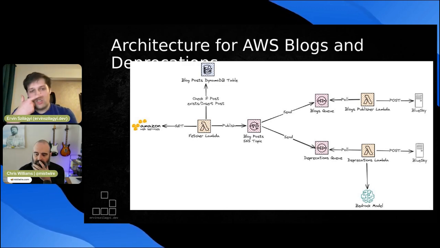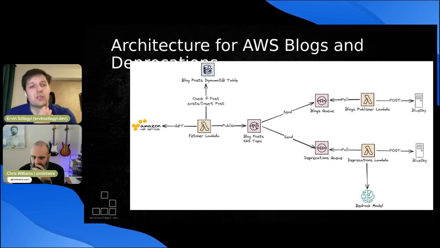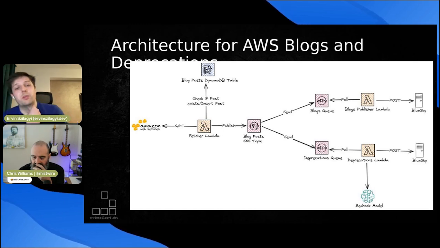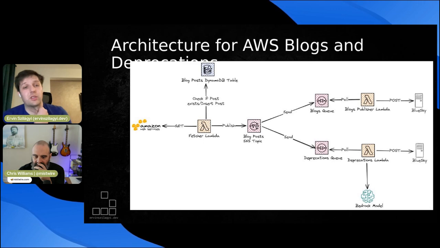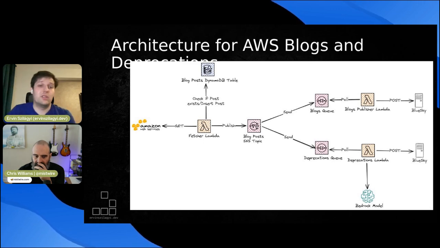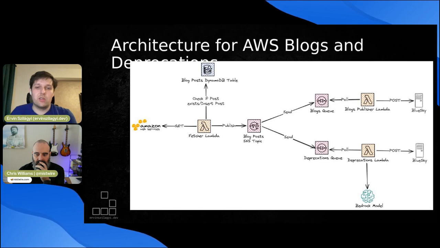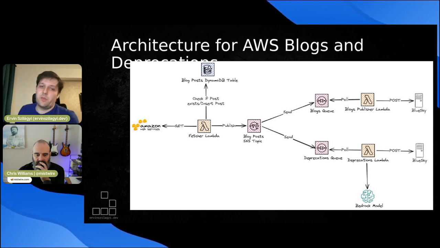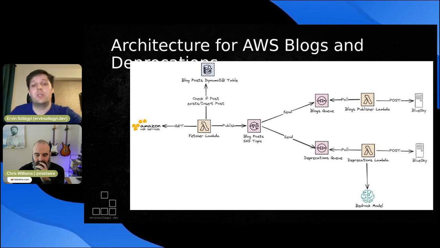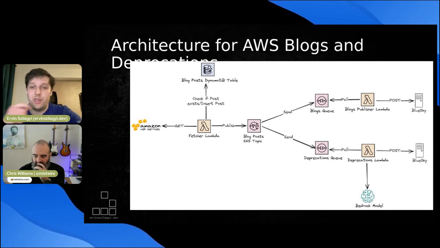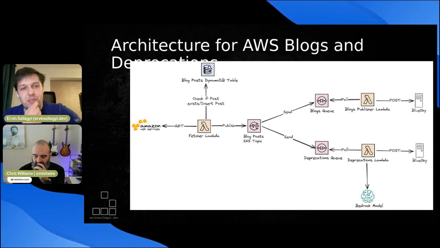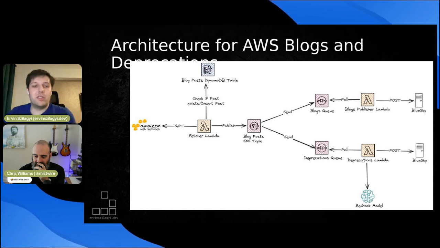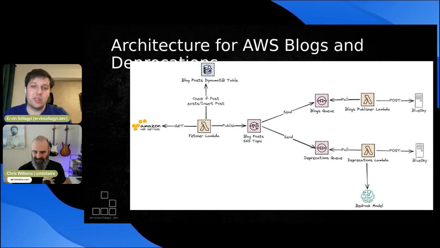But instead of posting, it will just publish certain information from the blog post to an SNS topic, from which there are two Lambda functions, one for blogs and one for deprecations, that are essentially reading these events and reposting them.